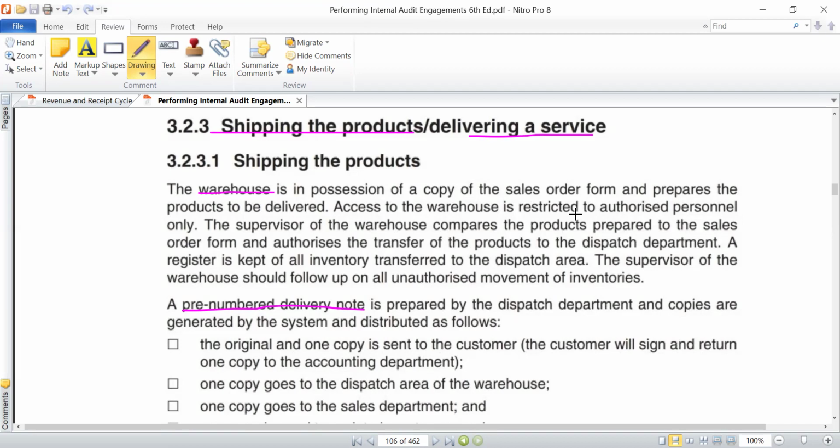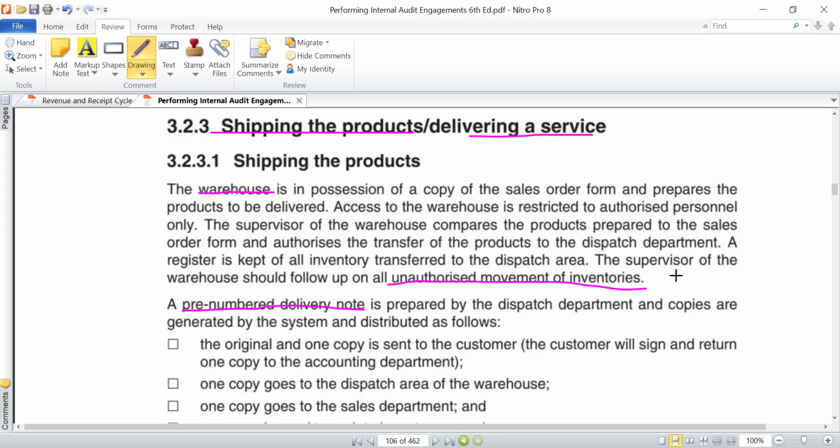Some of the ways by which we can safeguard our inventory items, especially from unauthorized movement. Unauthorized movement of inventory, guys, can mean one of the following. Unauthorized movement of inventory happens if inventory is stolen by the employees, right?